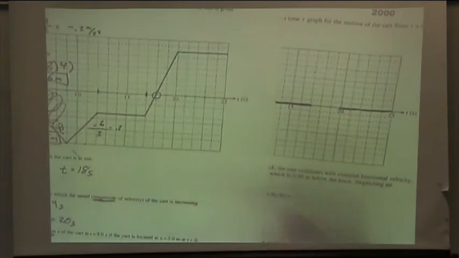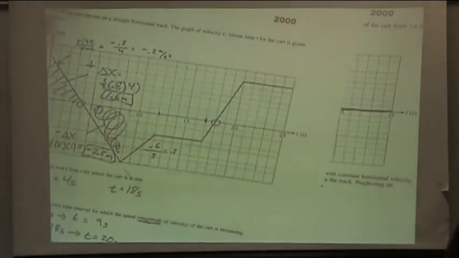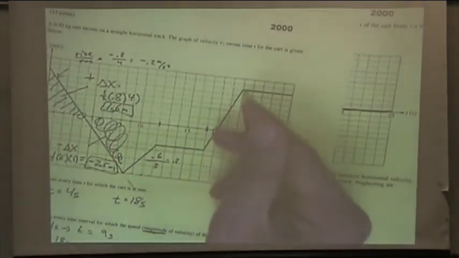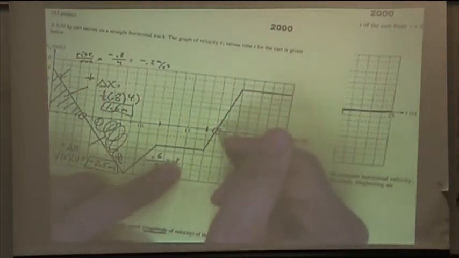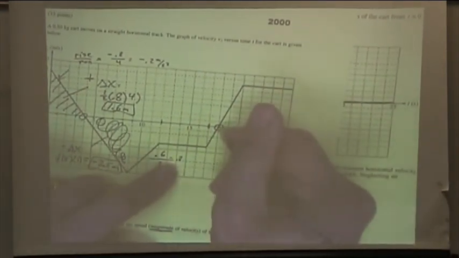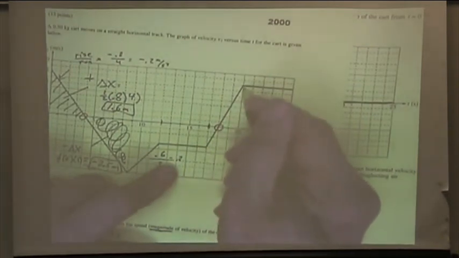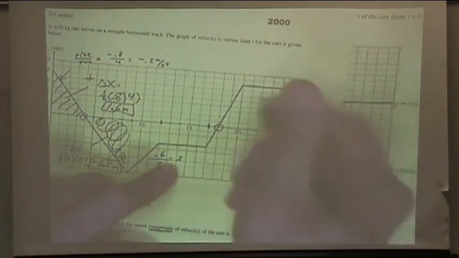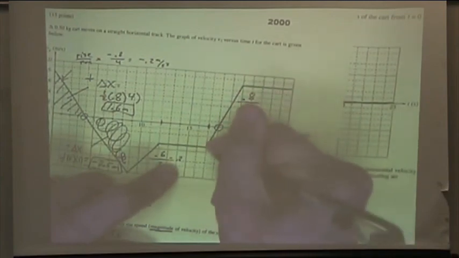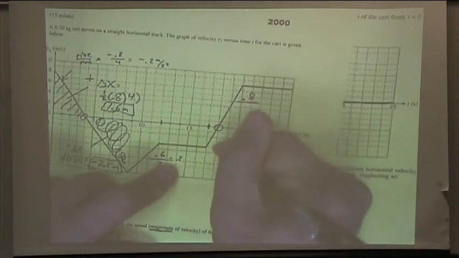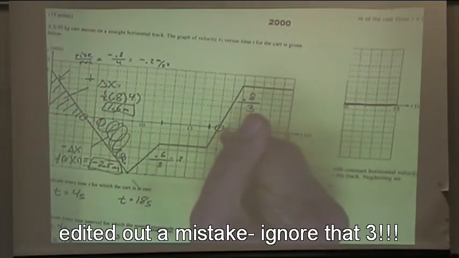But that just leaves us one more section to actually find the slope for. Again, you don't have to find the whole thing because it's a constant slope. You can just use the easy to read points. So we go from 0 all the way up to 0.8 again. So our rise, and since we're going upwards, this is a positive slope, is 0.8, and we accomplish this because I'm only using a partial section.